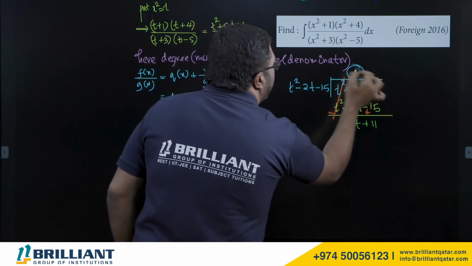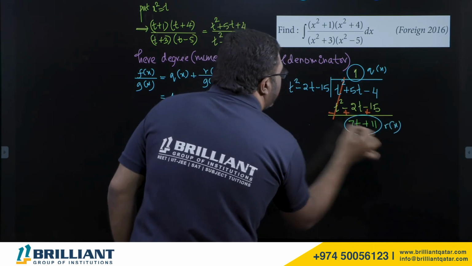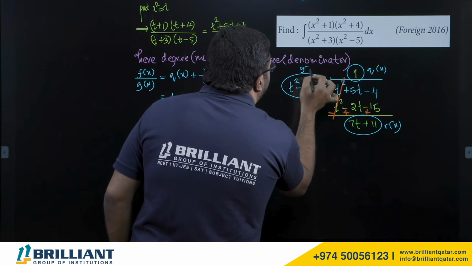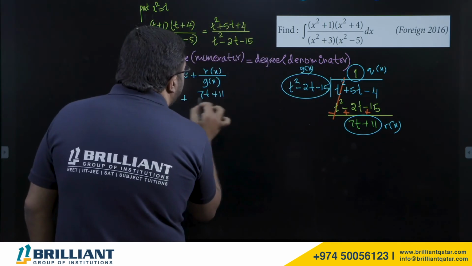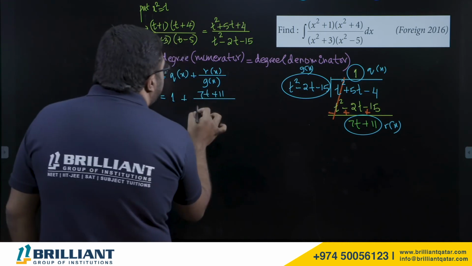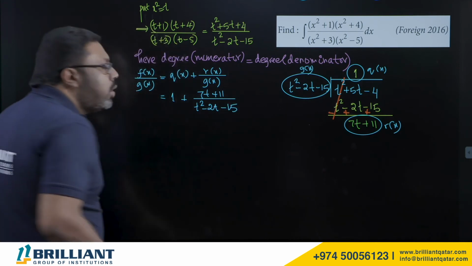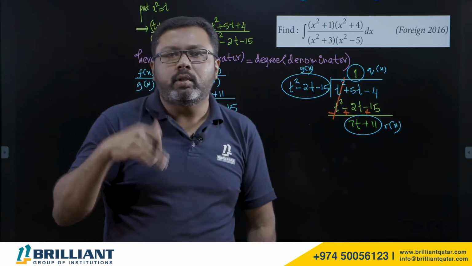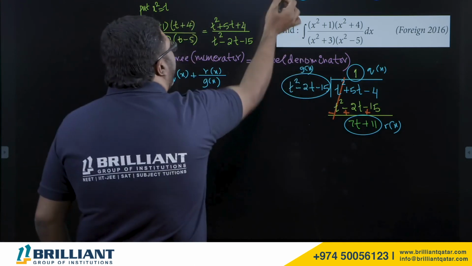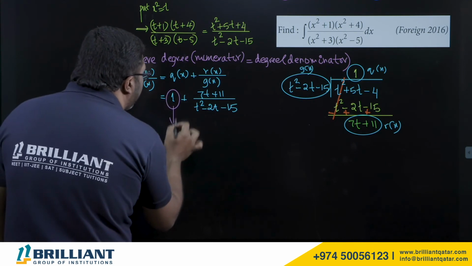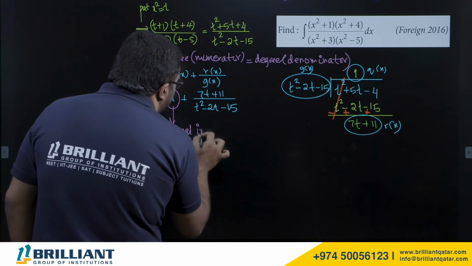This is the remainder, and this is my g of x. So that is equal to 1 plus remainder 7t plus 19 divided by g of x, which is t squared minus 2t minus 15. Please, all of you go back to the video, and you can find that whenever you have these two parts, the first part is normal integration.